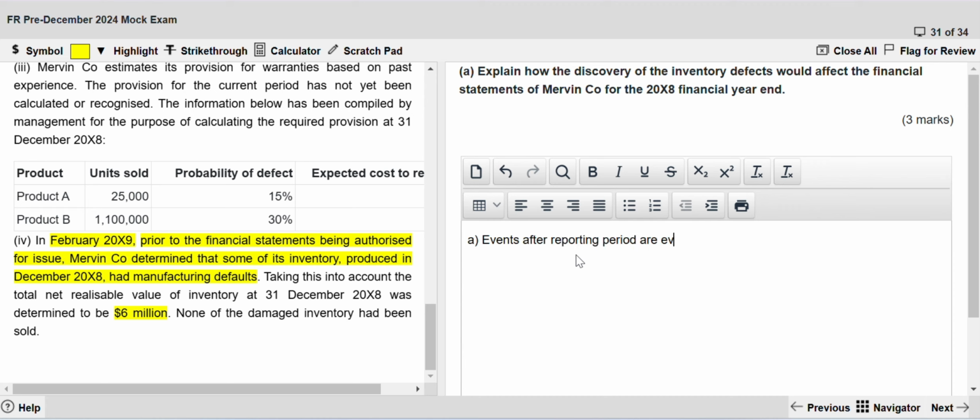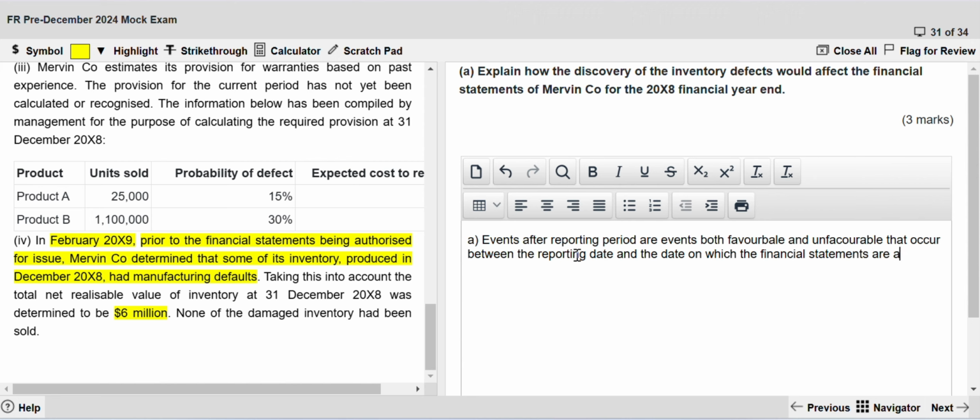period are events, both favorable and unfavorable, that occur between the reporting date and the date on which the financial statements are authorized for issue.